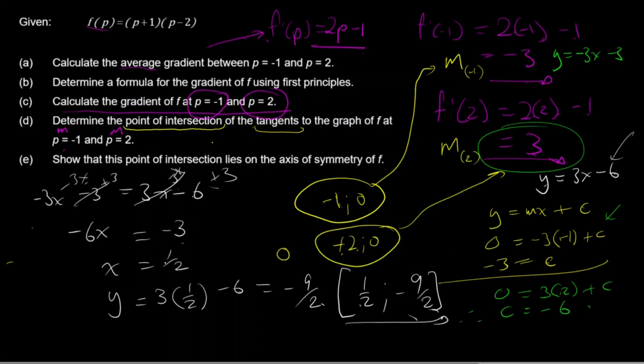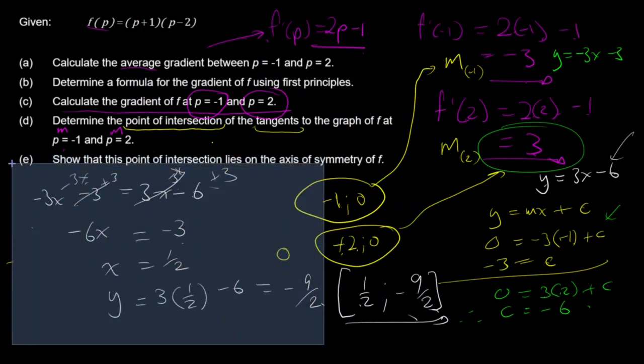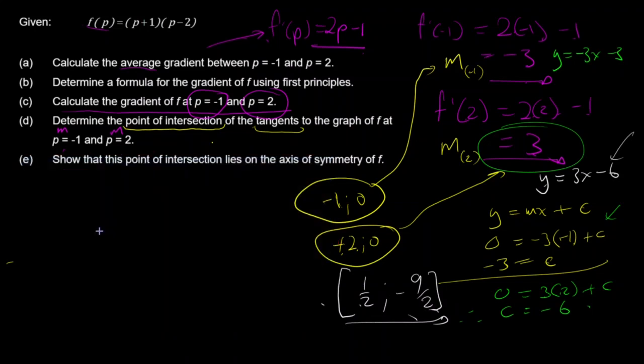Show that this point lies on the axis of symmetry of f. Let's leave the point over there and understand what an axis of symmetry is and what it does. The normal formula we generally use would be p is equal to minus b over 2a.